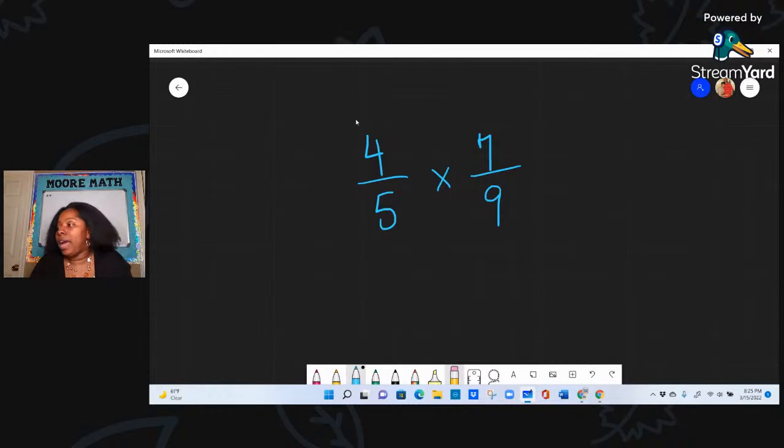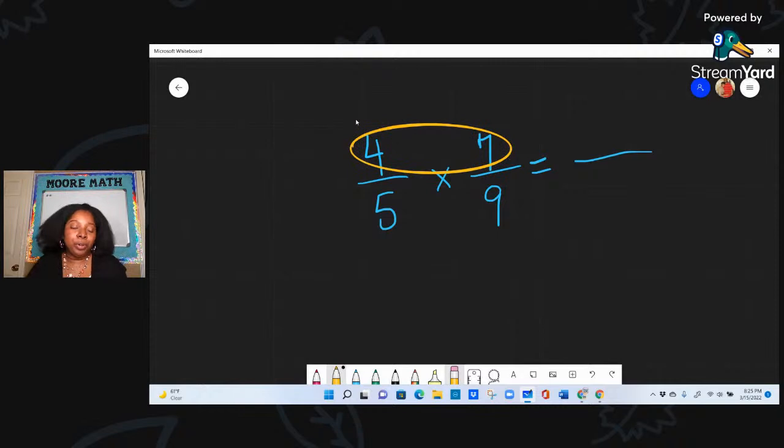So what's 4 times 7? Good. Okay, so we're going to do the numerators and the denominators. I want everybody to tell me your answer. 4/5 times 7/9.